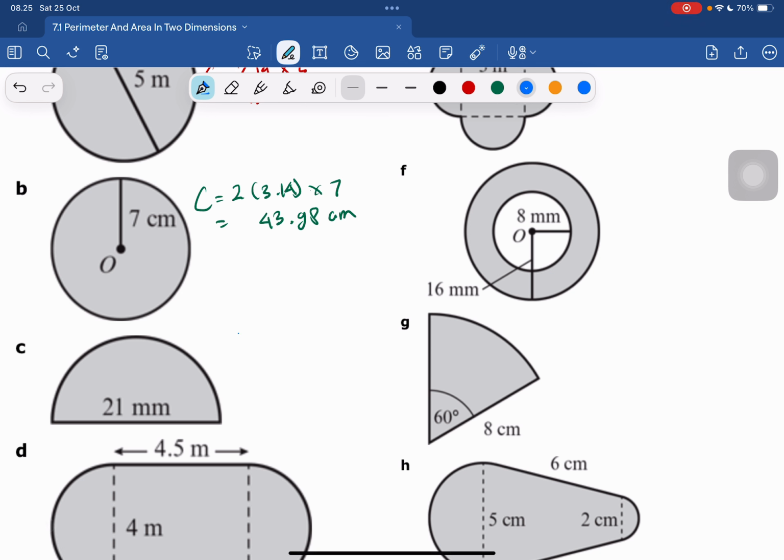Next question. Okay, we got a half. So is it a half? Yeah, first a half. Look at it. For this perimeter, make it a half circumference, and we add this line.